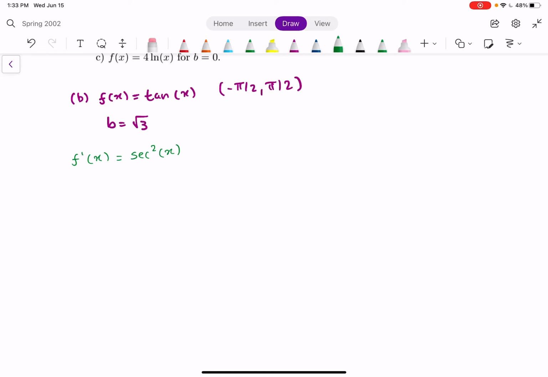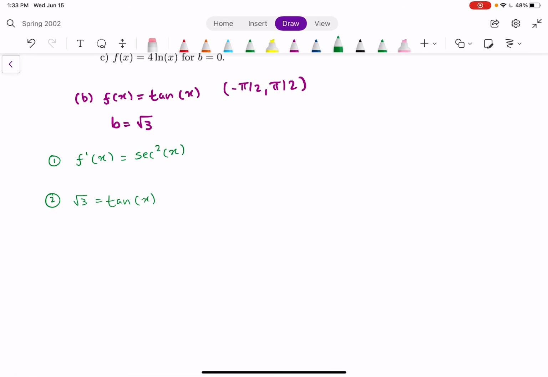So this is step 1, finding the derivative. Step 2 is going to be setting root 3 equal to the function. And from trig, we can say that x equals pi over 3.